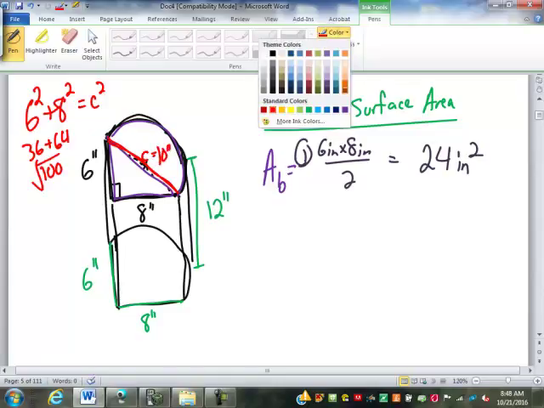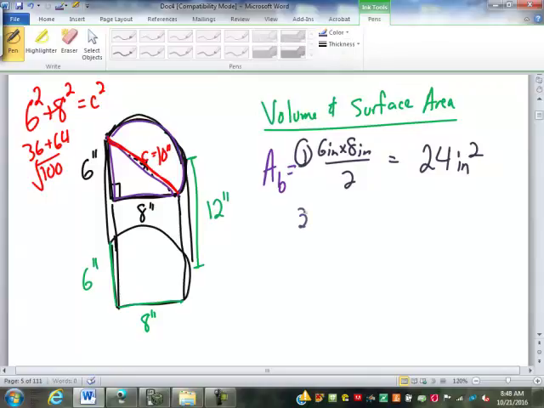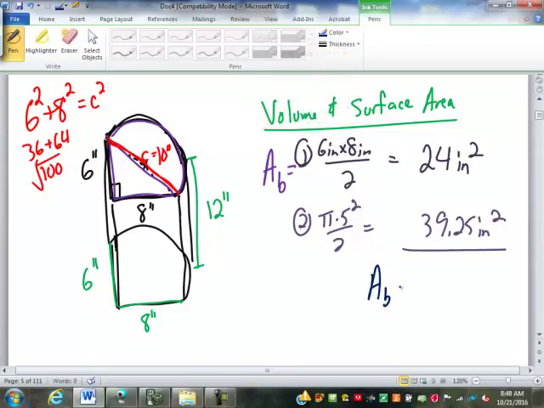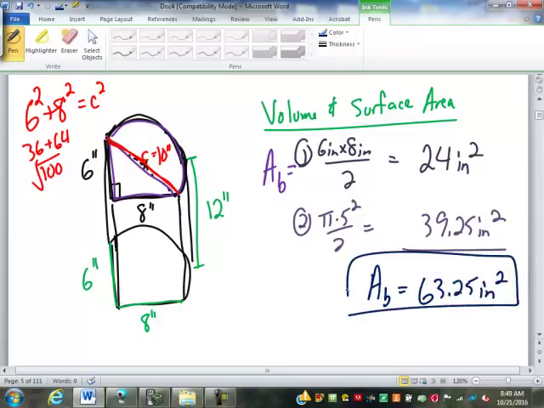So the area of that second piece is pi times 5 squared divided by 2, otherwise known as 39.25 square inches, correct? Sure. So the area of my base is 63.25 square inches. Does that work for you?